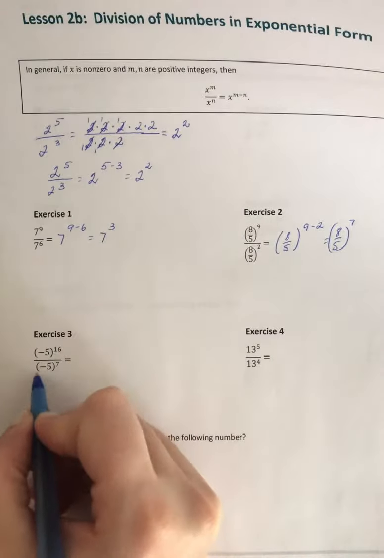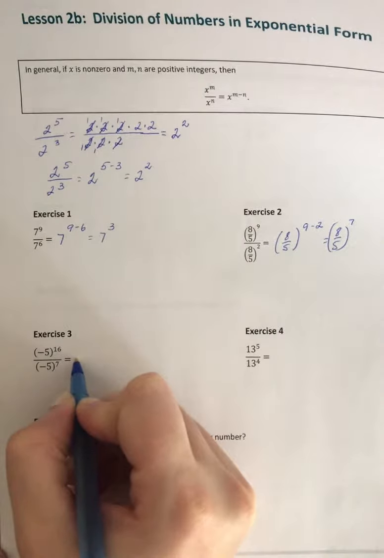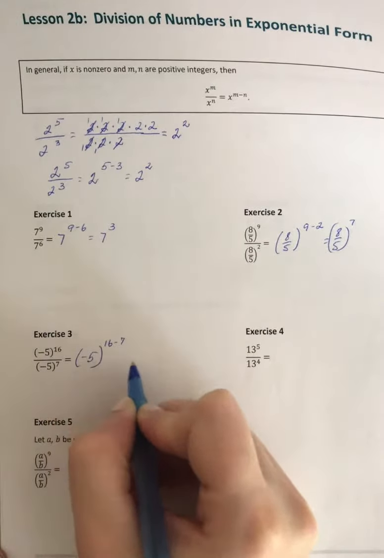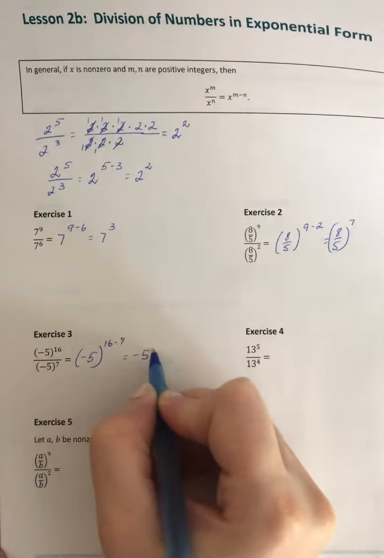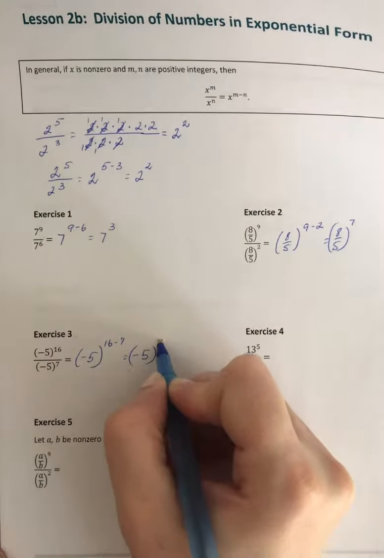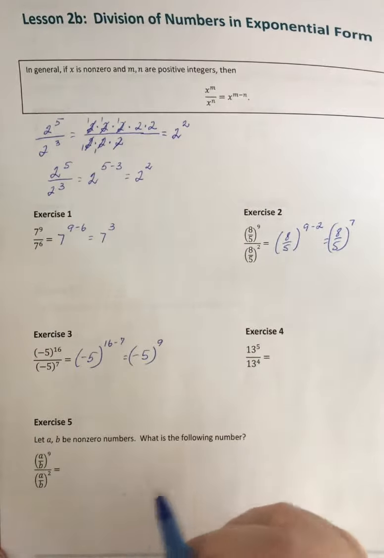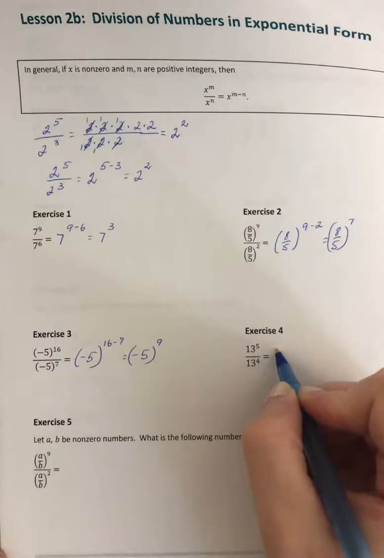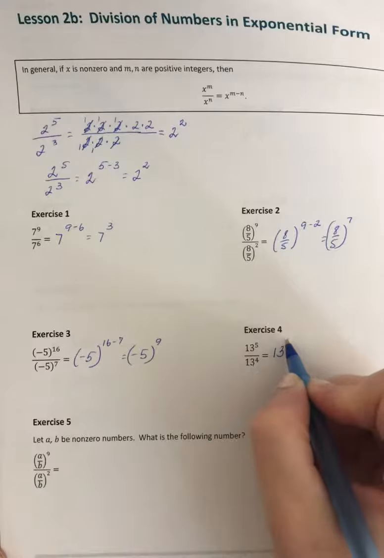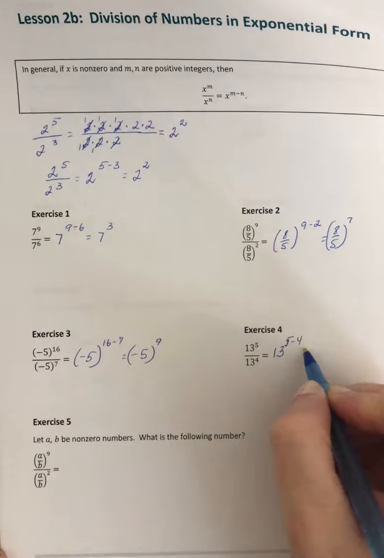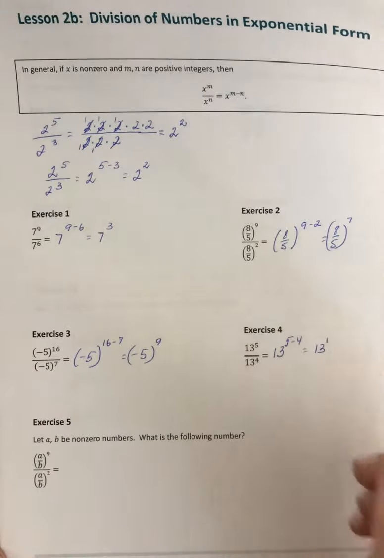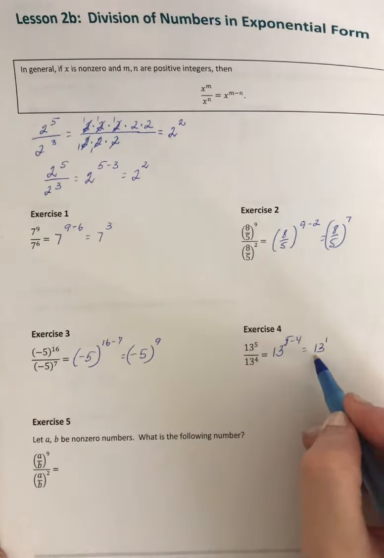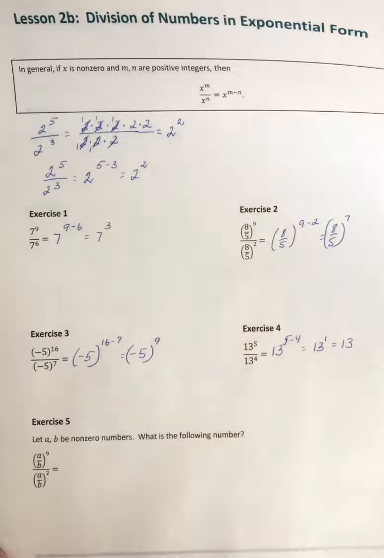Negative 5 to the 16th divided by negative 5 to the 7th makes it negative 5 to the power 16 minus 7, and that is negative 5 to the 9th power. 13 to the 5th divided by 13 to the 4th makes it 13 to the 5 minus 4, and that is 13 to the 1st power, which is just 13 because 13 taken by itself only once is itself.